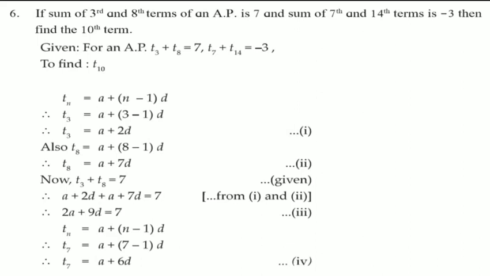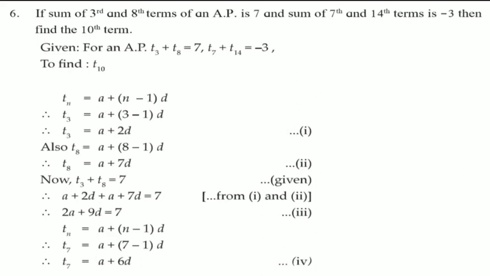So everywhere the word term is used, that means everywhere here we are going to use the formula of Tn. So make use of the formula of Tn, that is A plus n minus 1 outside the bracket D. From that write down T3, write down T8, add them up and get an equation. Okay, so the equation you can see here you got is 2a plus 9d is equal to 7.